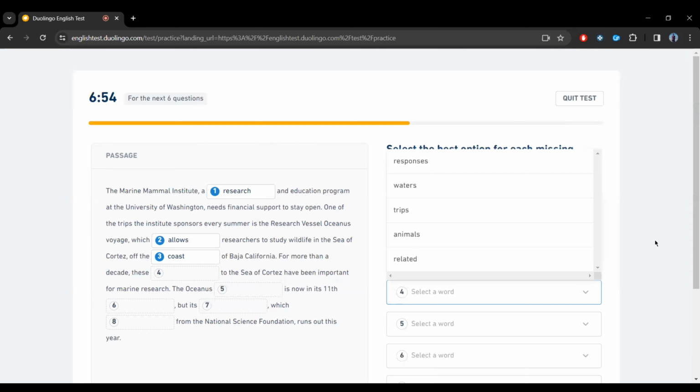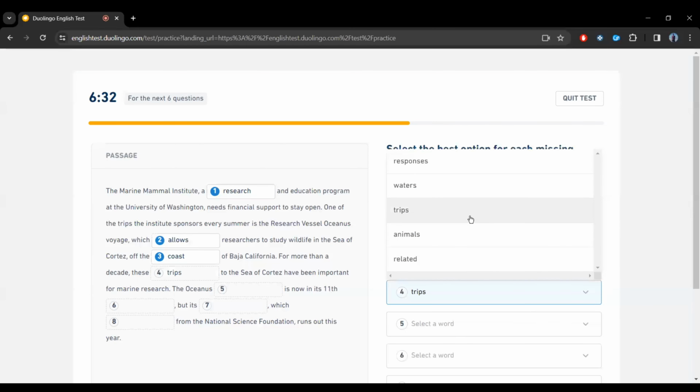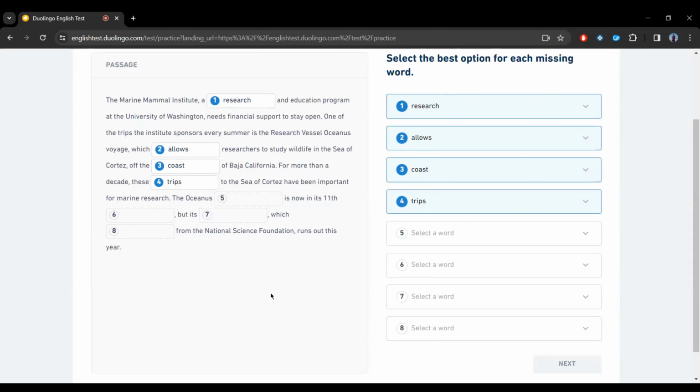For more than a decade, these trips to the Sea of Cortez have been important for marine research.